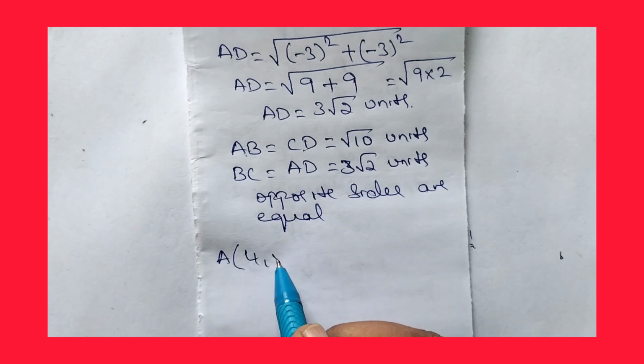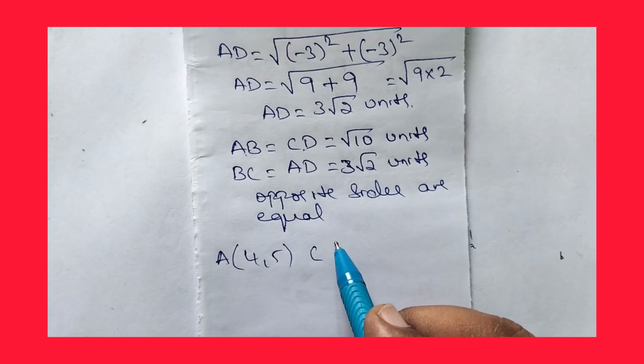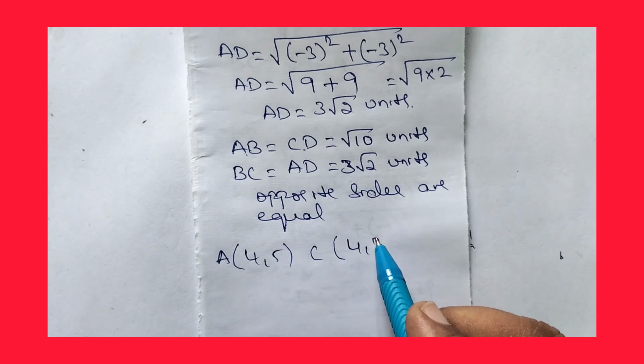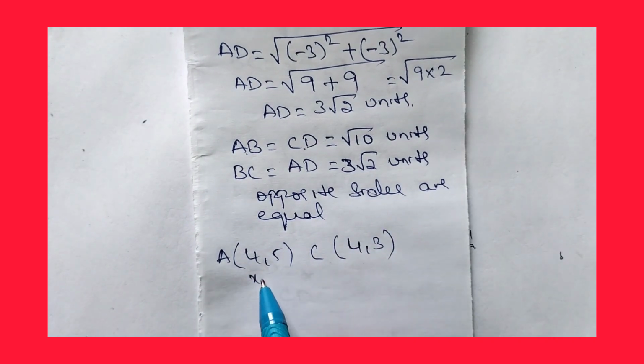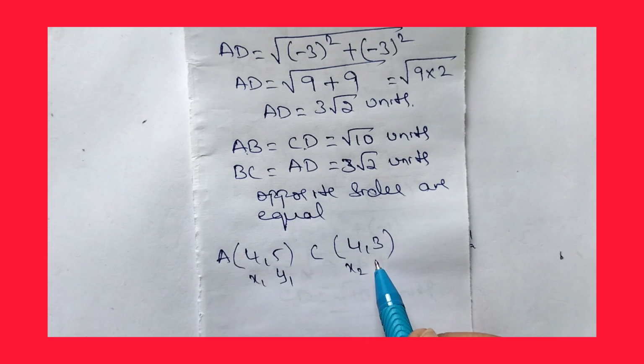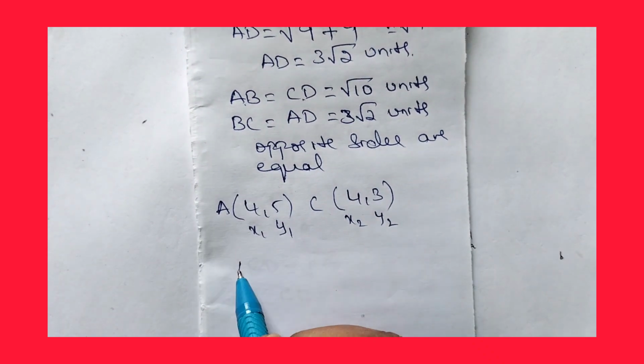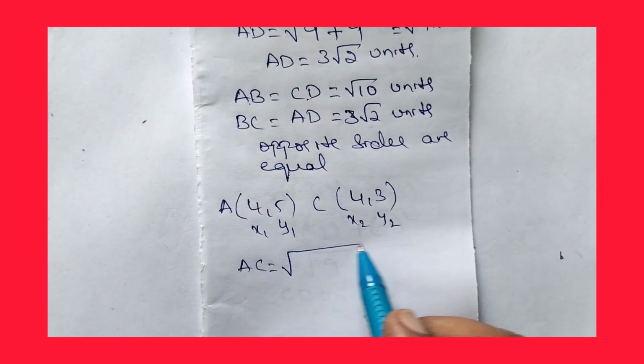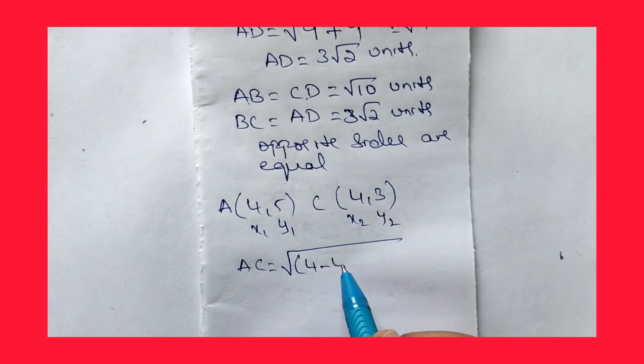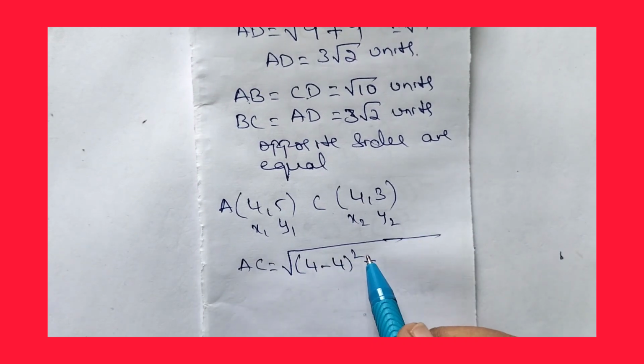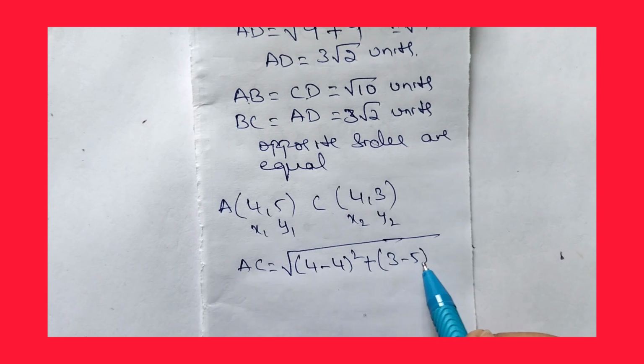Now the diagonals. A is (4, 5) and C is (4, 3). What is the coordinate of C? It is given as (4, 3). So x1 y1, x2 y2. AC is equal to square root of (4 minus 4) whole square plus (3 minus 5) whole square.